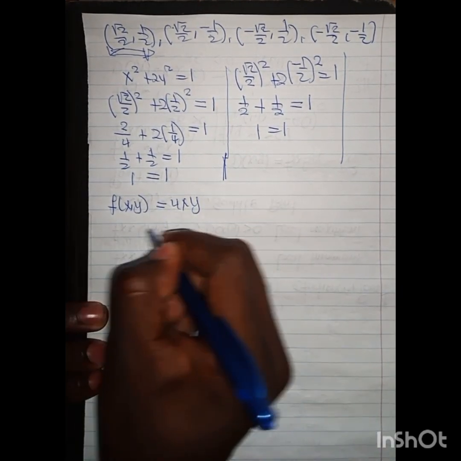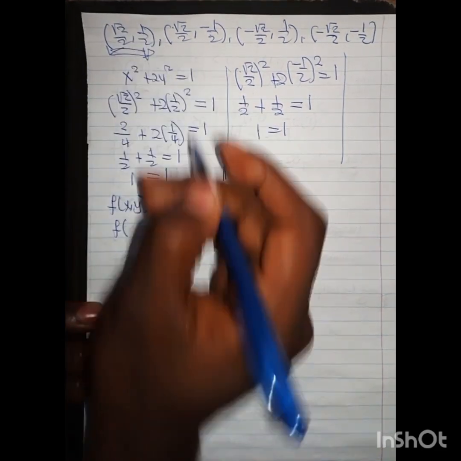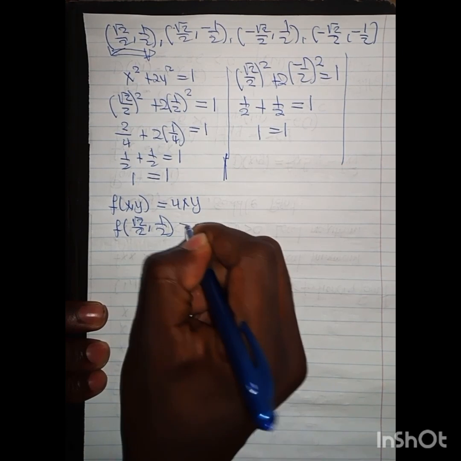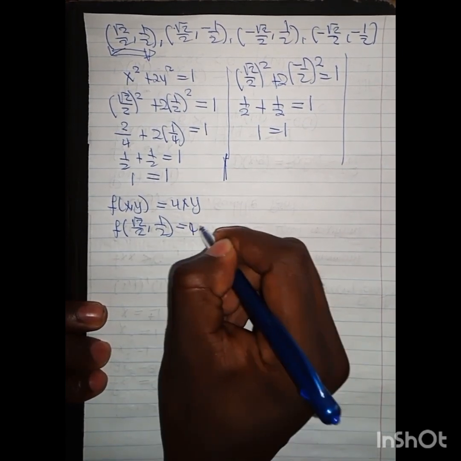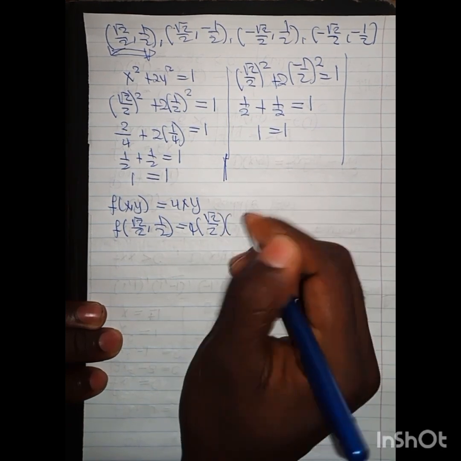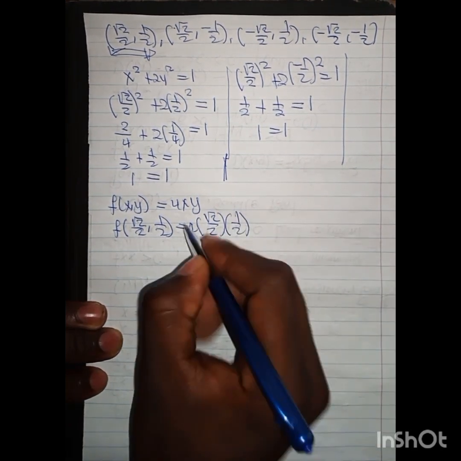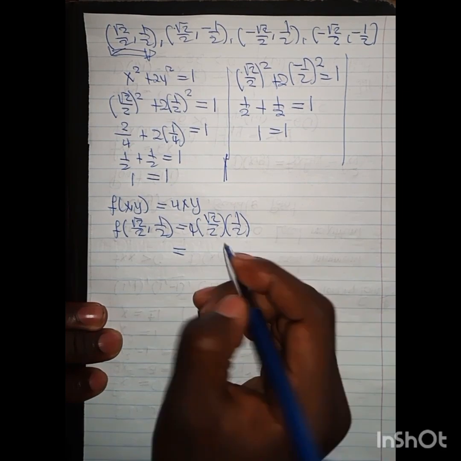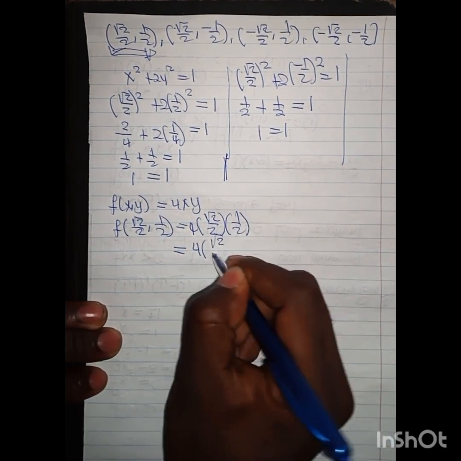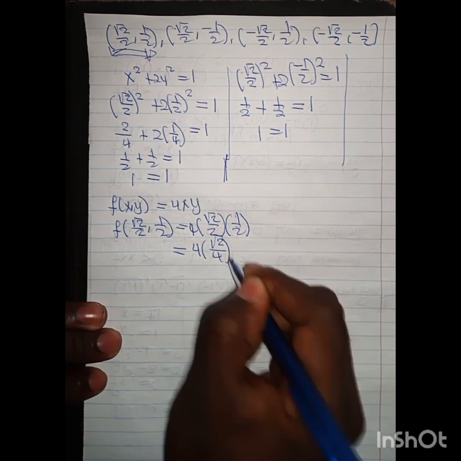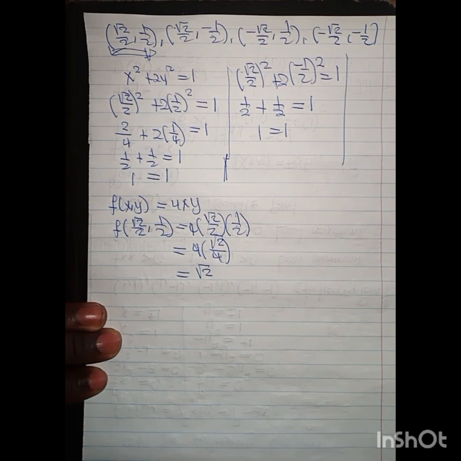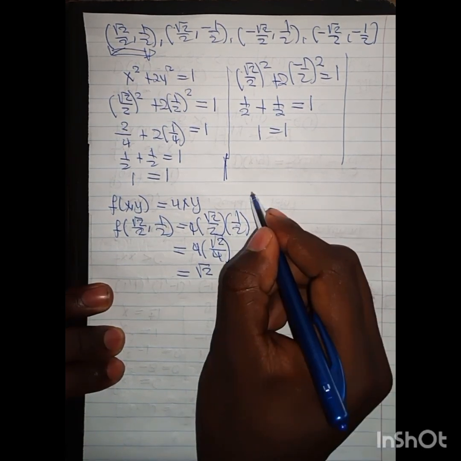Then when we substitute this point, root 2 over 2, half, the value of x is root 2 over 2 and the value of y is positive half. Then we can see that this is 4 multiplied by root 2 multiplied by 1, which is just root 2, over 2 times 2, which is 4. Then 4 will cancel 4 and we have root 2 as positive.